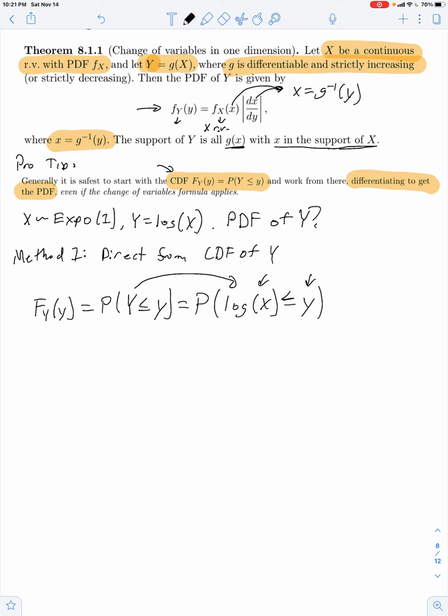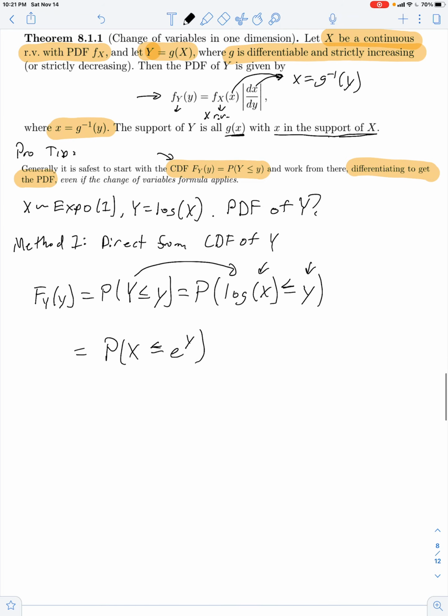And what that will give me is the probability that X is less than or equal to e to the y. But then I also know the CDF of X, because I know that X is Expo(1).